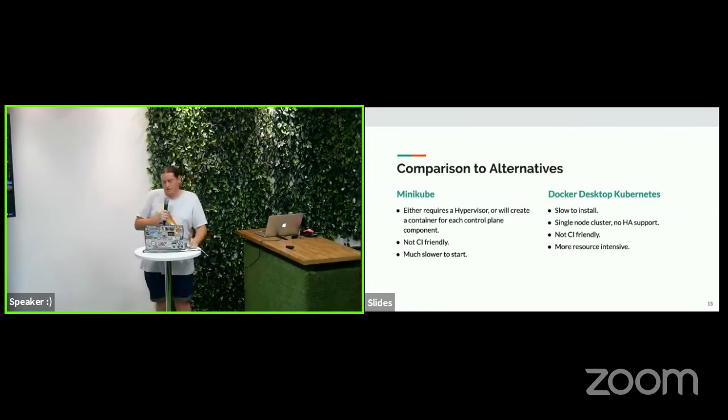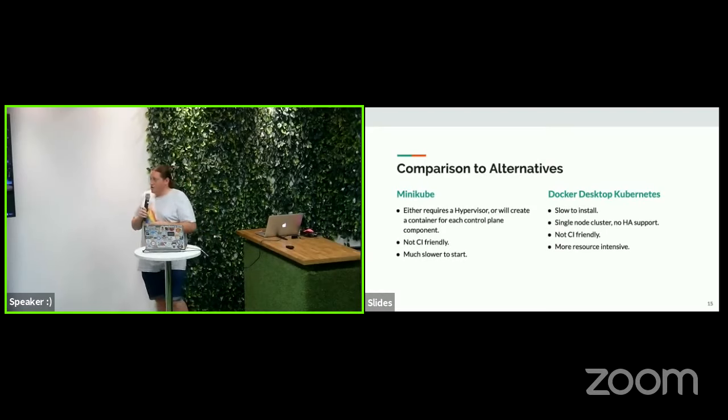If you've used Minikube, you'll know that it takes probably 5 to 10 minutes sometimes to start up a cluster running within a VirtualBox VM. So it's not entirely quick. Docker Desktop is a bit quicker to start up, but it's very slow to install. There's no HA support, so you can't test some of those HA configurations. Again, it's not CI friendly, and it's much more resource intensive.